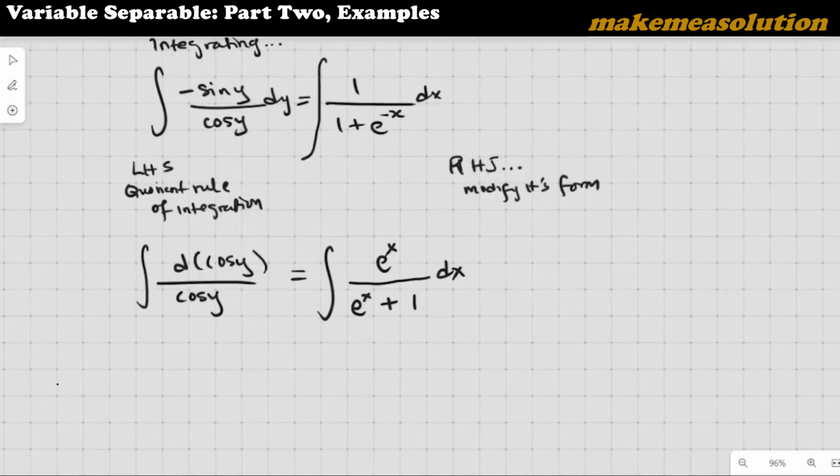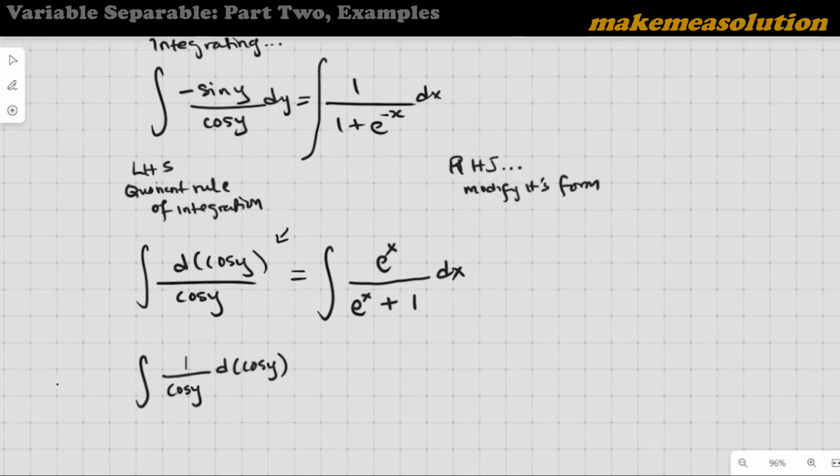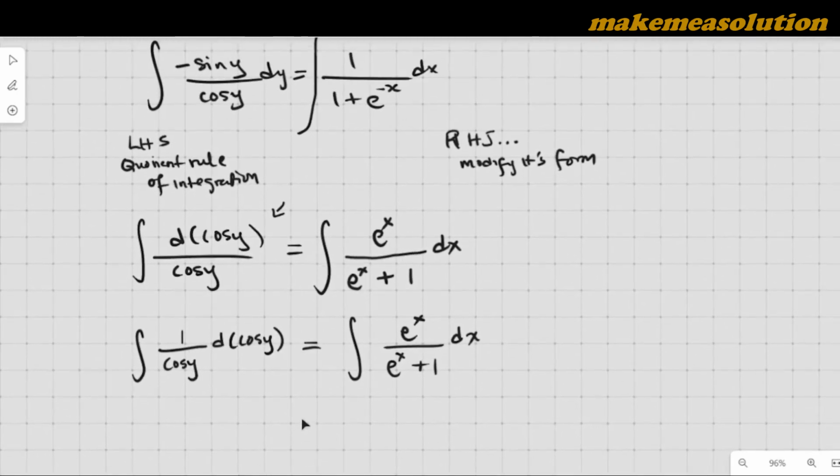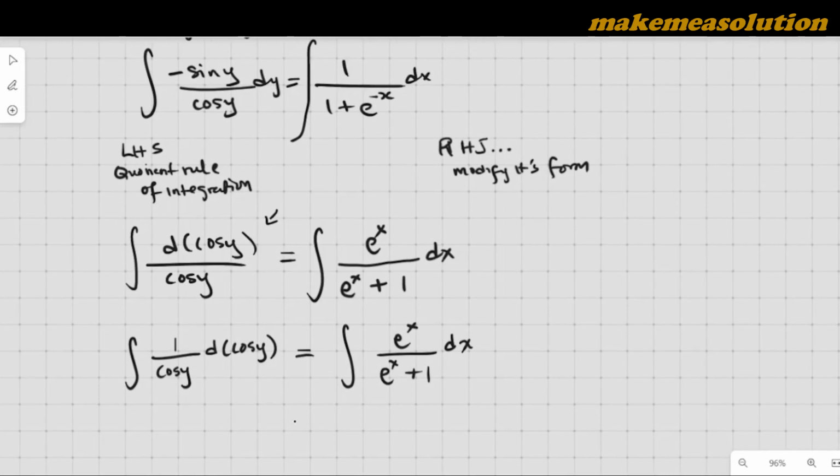Some of us will be wondering how this left hand side became d cos y. Actually, I can write it like this: the integral of 1 over cos y d cos y is equal to the integral of exponential x over exponential x plus 1 dx. So how did this become d cos y?